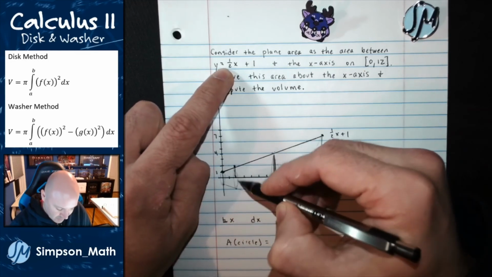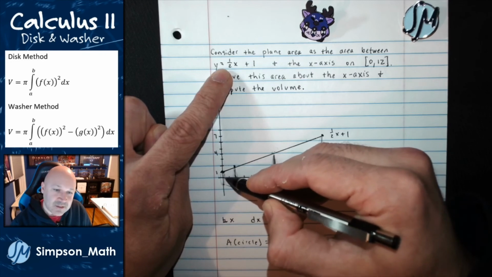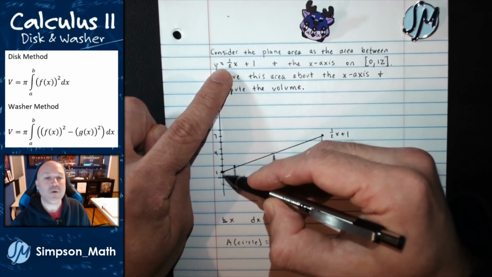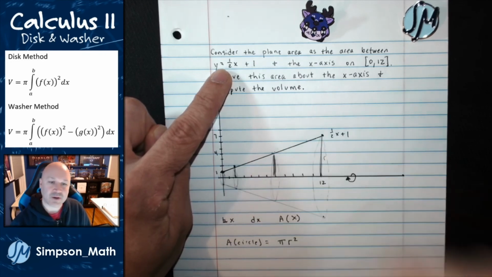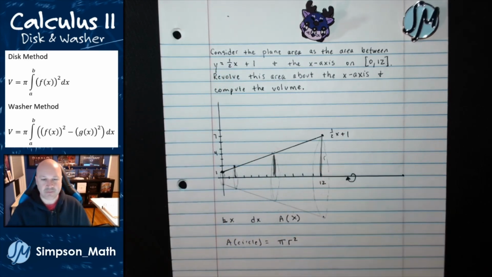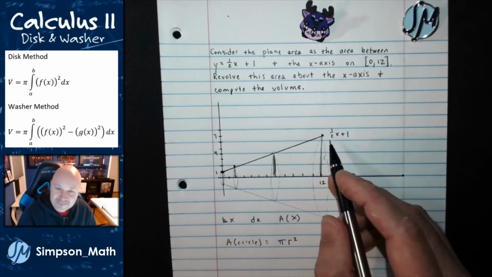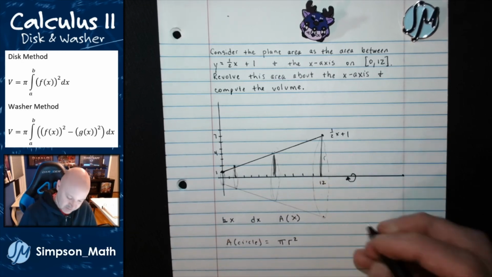Start off, it's 1/2 times 0 plus 1. It starts off at 1, a radius of 1. It ends with a radius of 7. But the radius itself is just that function f of x.